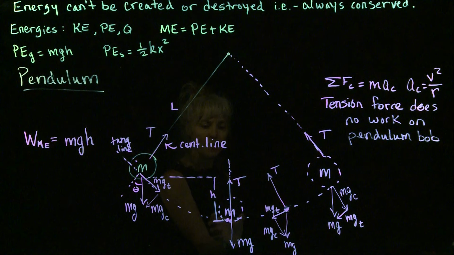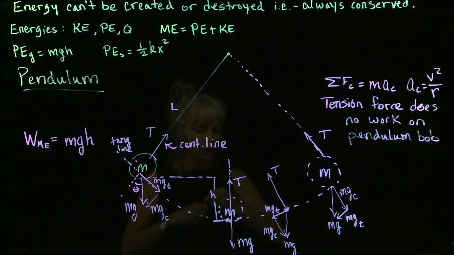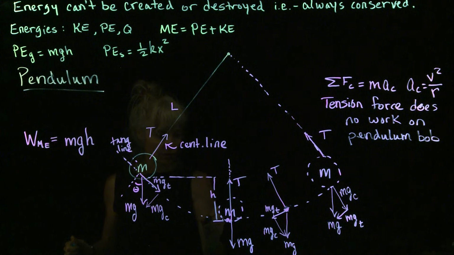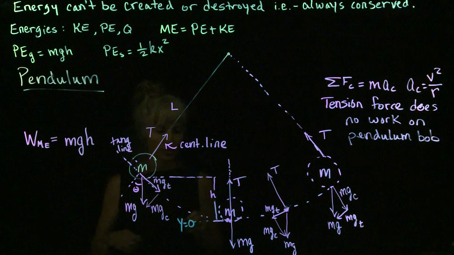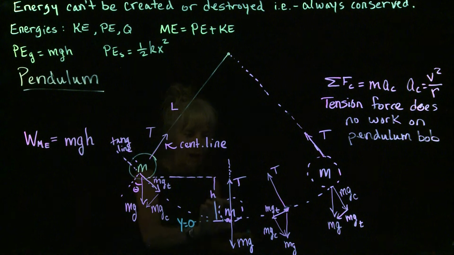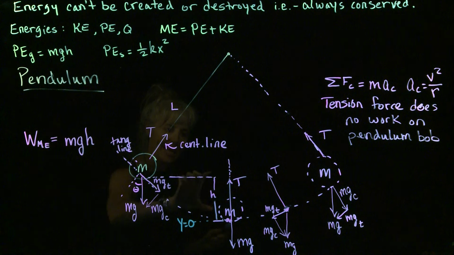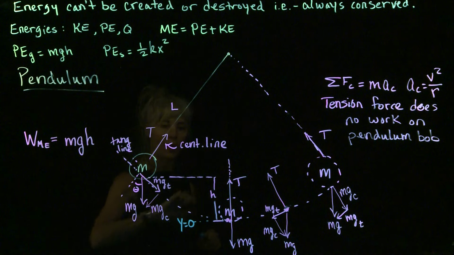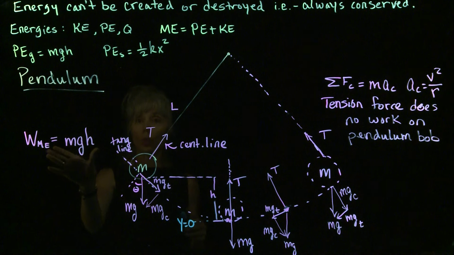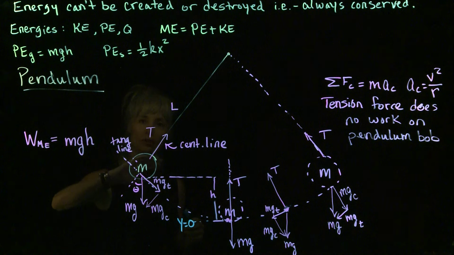So when we have the bob down here, we say, let's use y equals 0 as our reference point down here. That's our reference point. So when we pull the bob up some height h from its low point, we've done work, and we've provided potential energy to the gravitational field.